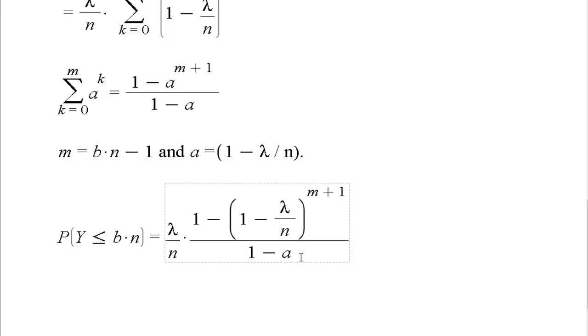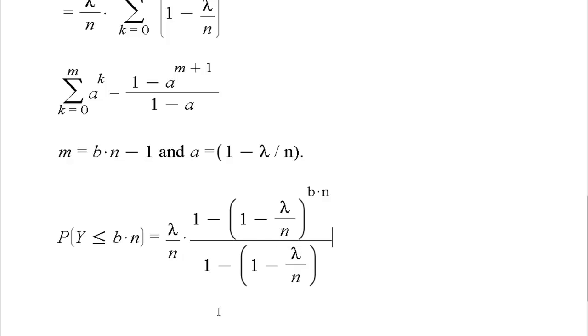I'll replace it there, and then I need to replace it here too. Now m is b times n minus 1, so if I add 1 to it, that's just b times n. So I'm going to replace that with b times n, and we're in business.